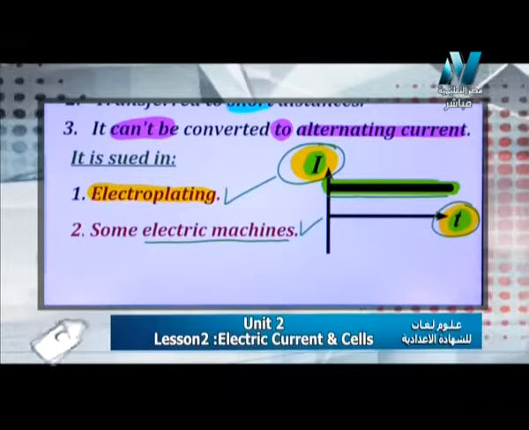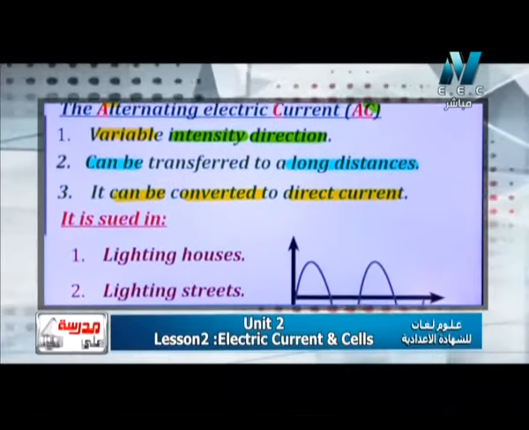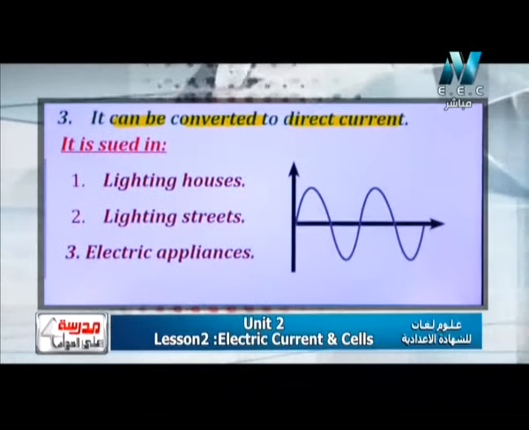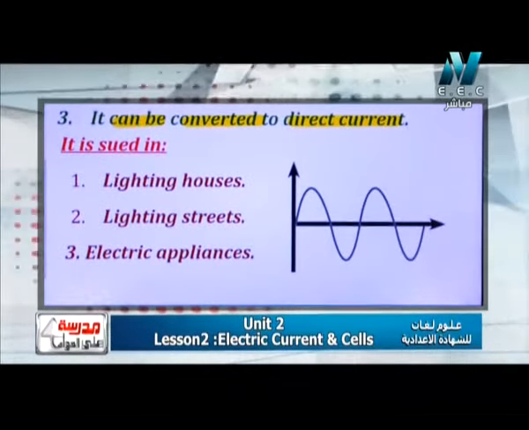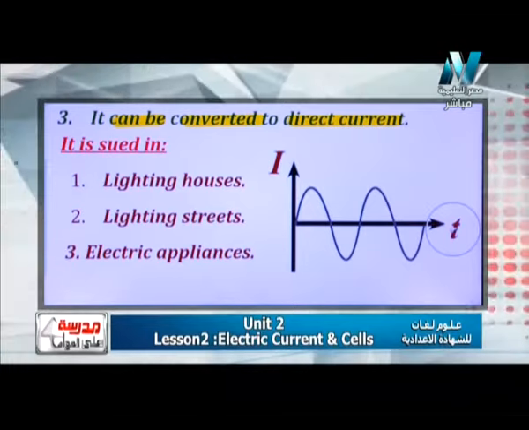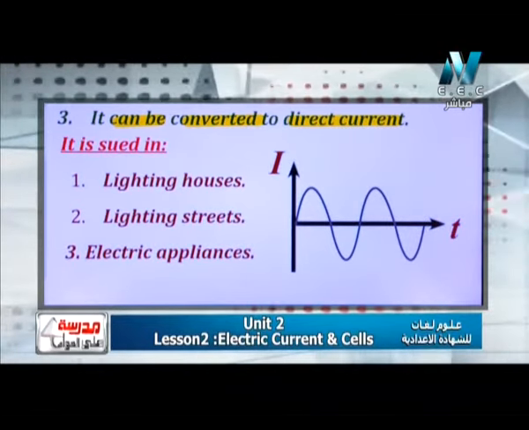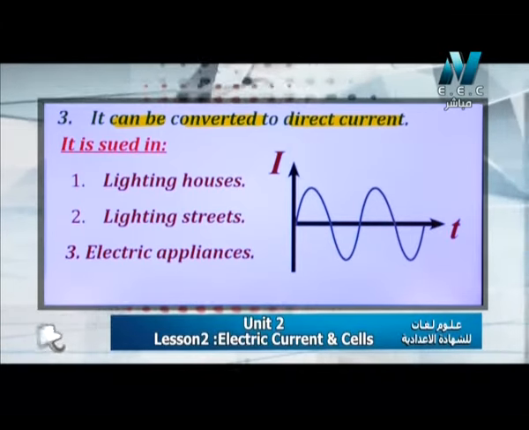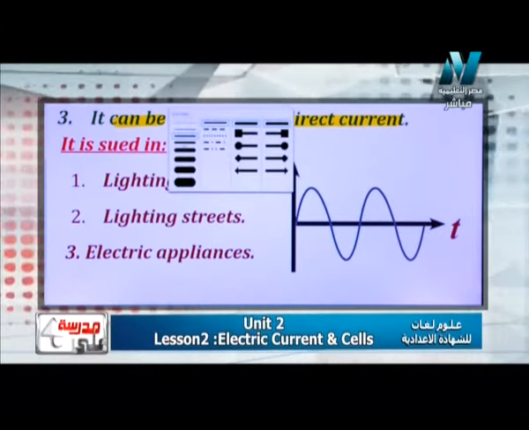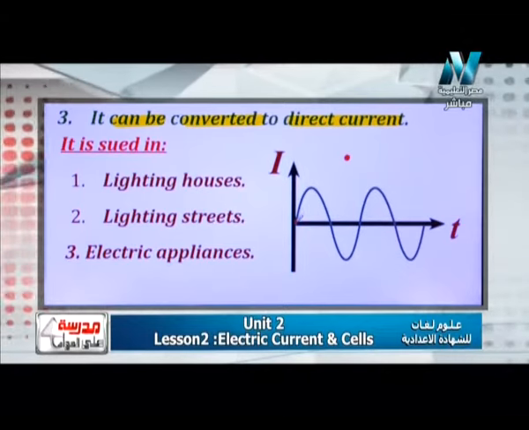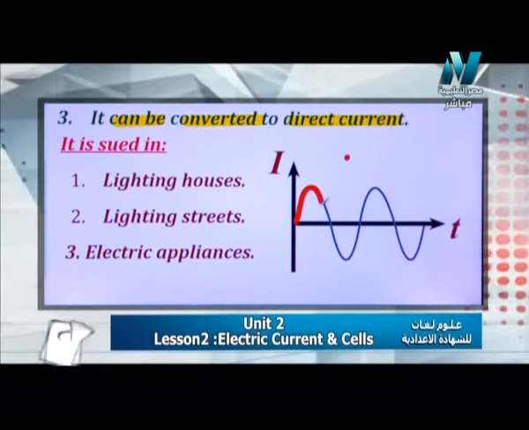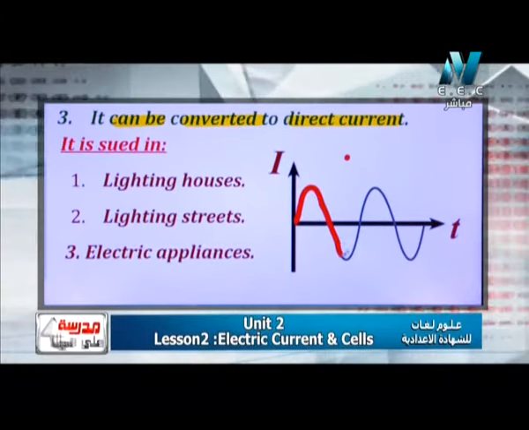So we have two axes here, I and T. But as you see here, we have variable intensity and direction.